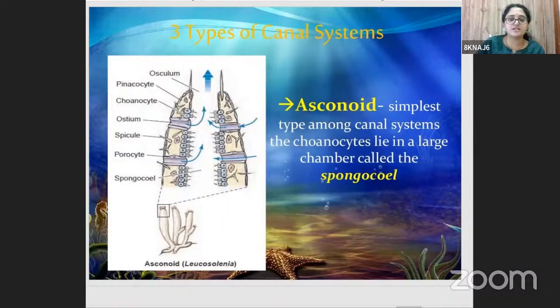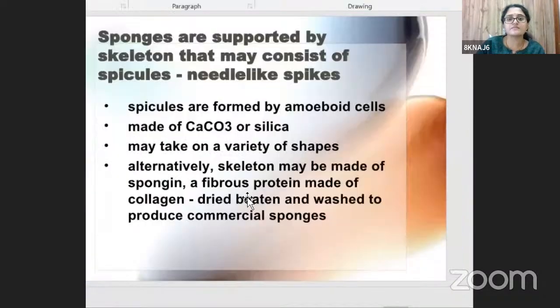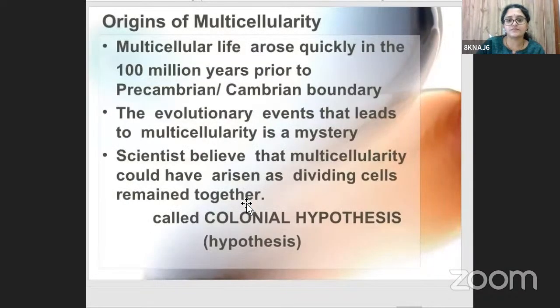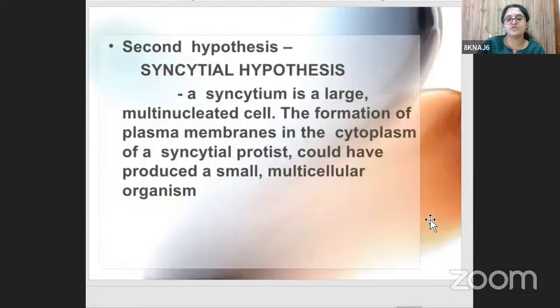So when it comes to classification, you're going to come to this later, but I'll just tell you flagella, then you have the gastrula, then amphiblastula, invagination to gastrula formation.